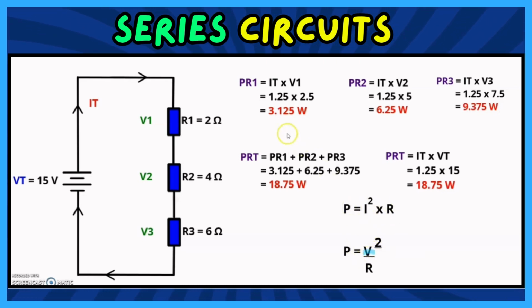If I have the current and the resistance of resistor R1, I am still going to get the same watts, the same power for that specific resistor. Same for this one: if I use the third power formula and I have the voltage and the resistance of that specific resistor, I'm going to get the same power.